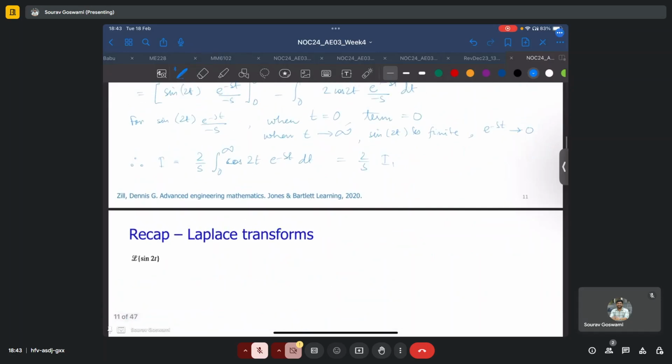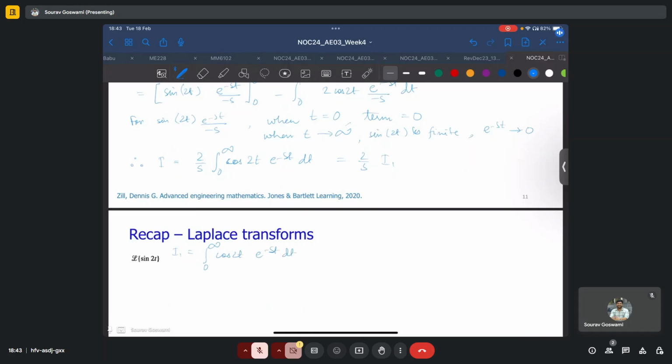So we started trying to solve one integral and we ended up with another. Let's see where this leads us. So again, we are trying to solve this integral I1 now, which is simply the integral 0 to infinity cos 2t e power minus st dt.